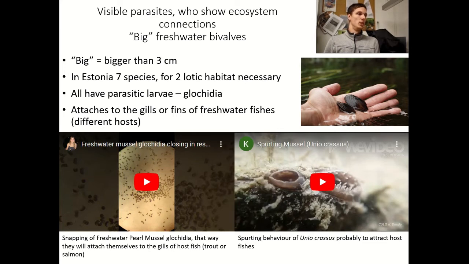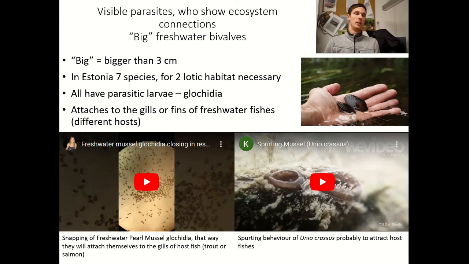Thick-shelled river mussel has several host fishes, for example European minnow, bullhead, and perch, and also others. Whereas freshwater pearl mussel can live as a parasite mostly only on brown trout and Atlantic salmon.